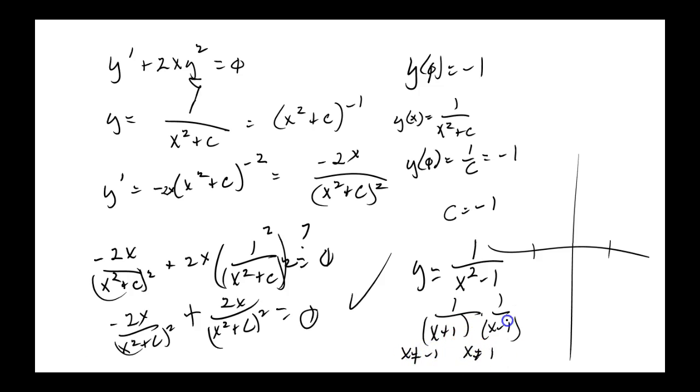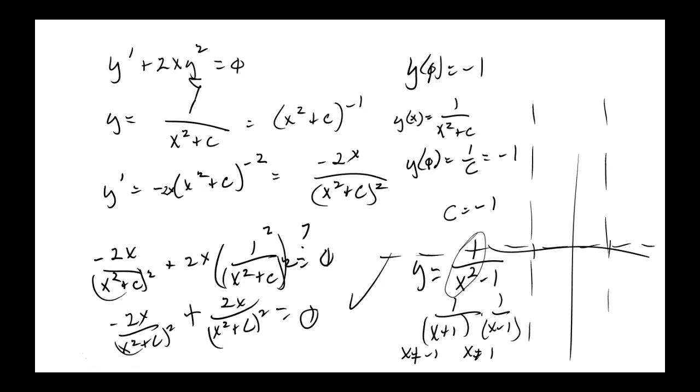X cannot equal 1. So you have two vertical asymptotes here. Now, if you remember back from pre-calculus algebra, the ratio of the leading terms gives you a horizontal asymptote, and that would be 0. As x gets very, very large, positive or negative, then 1 over x squared is very close to 0. So you have a horizontal asymptote at the x-axis.